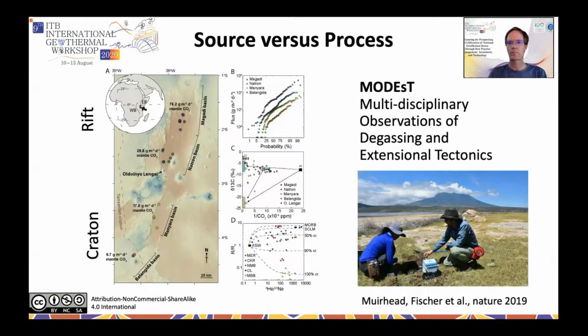In the lower part of the diagram, the mantle CO2 flux is very, very low, 6 grams. In the northern part, right in the rift, the mantle CO2 flux is very high, an order of magnitude higher. So that tells you that in the northern part, we get significant amounts of CO2 from the mantle, whereas on the craton, we get essentially none.